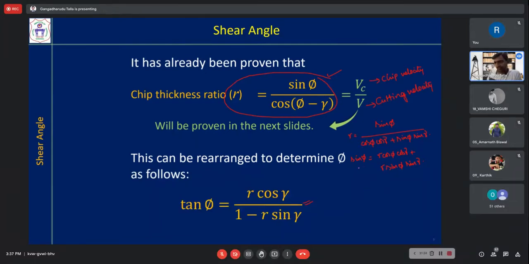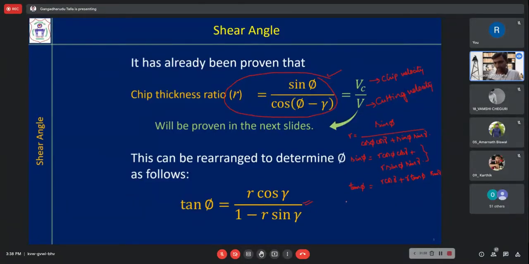Now, if you divide by cos phi on either side, this will become tan phi equals R cos gamma plus R tan phi sine gamma. I have divided this equation by cos phi on either side.